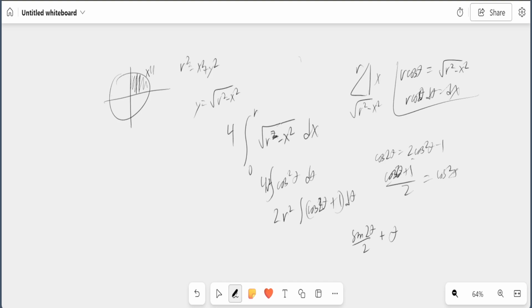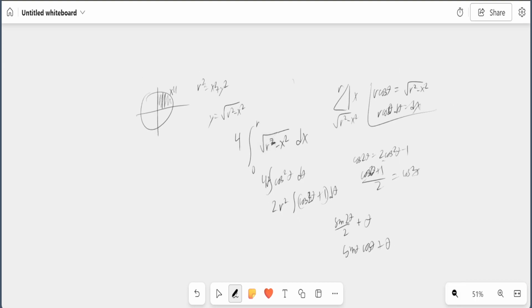Sine 2 theta is also 2 sine theta cosine theta, so this is just sine theta cosine theta plus theta. Sine theta is x over r, cosine theta is square root r squared minus x squared over r. So that's x square root r squared minus x squared over r, plus theta, which is sine inverse x over r. I'm running out of space here, but that's the definite integral.